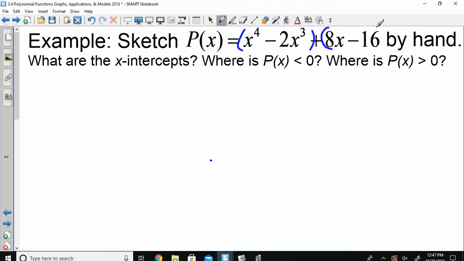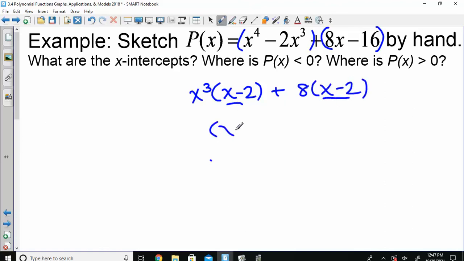Grouping. What could you have taken out of the first group? That would leave us with an x minus 2. What can you take out of the second group? Then they both have the x minus 2, so you could pull that out, and you're left with the x cubed plus 8. And then could you set each of those equal to 0 and solve?